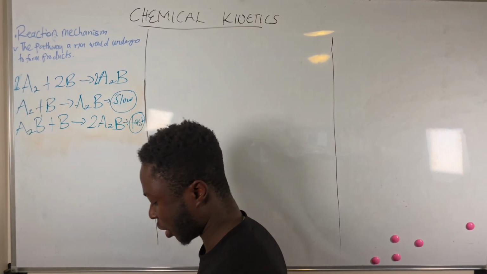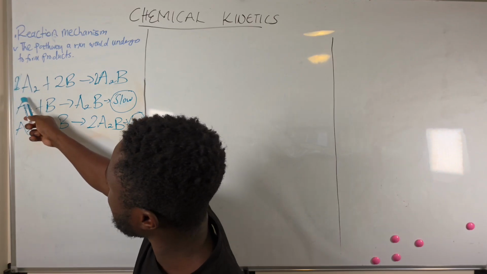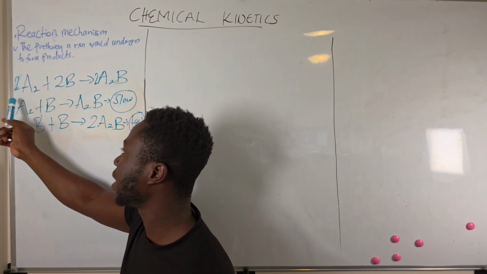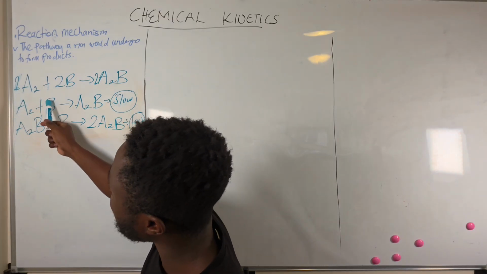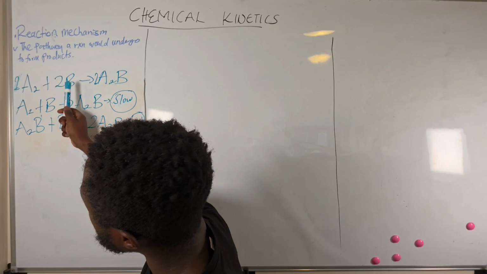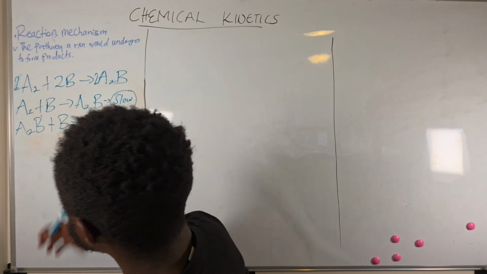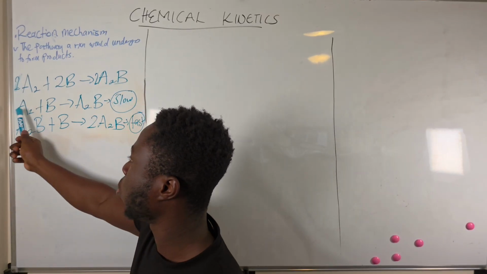So for the equation A2 plus 2B to form 2AB, if it is balanced, we know that 1 mole of A2 combined with 2 moles of B to form the product. This reaction could have undergone two separate steps.